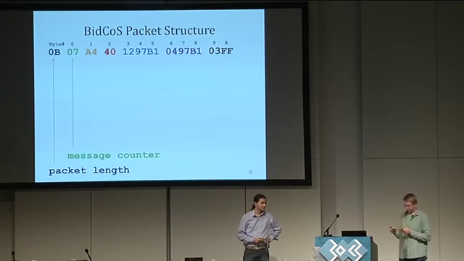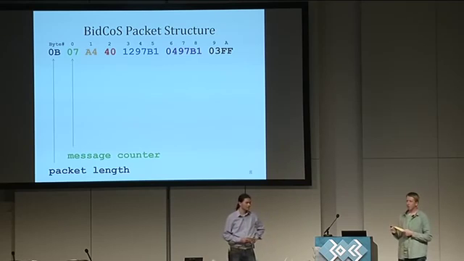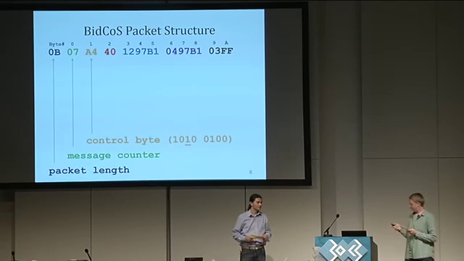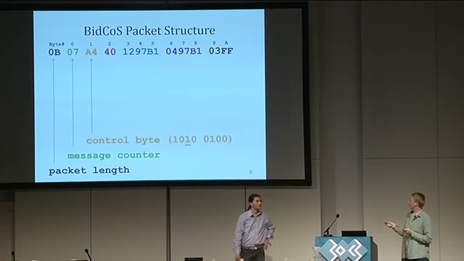Then the first byte is a message counter, which increments by 1 with each message exchange or packet exchange. Byte 1 is the control byte, which, for example, encodes the information here at bit 5 that the communication is bidirectional.